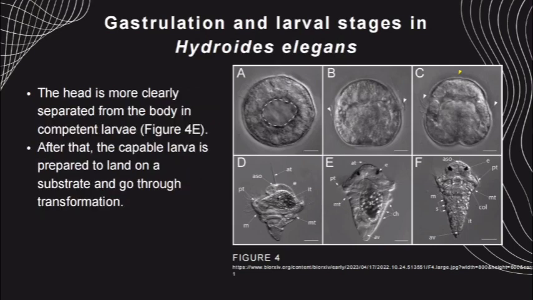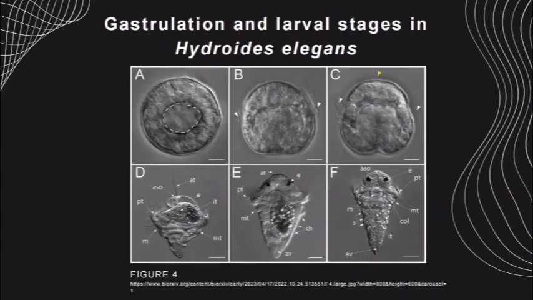The head is more clearly separated from the body in competent larvae because there is no tapering or gradual sloping at the front areas of the body, unlike in pre-competent larvae, as you can see in figure E. After that, the competent larva is prepared to land on a substrate and go through transformation.